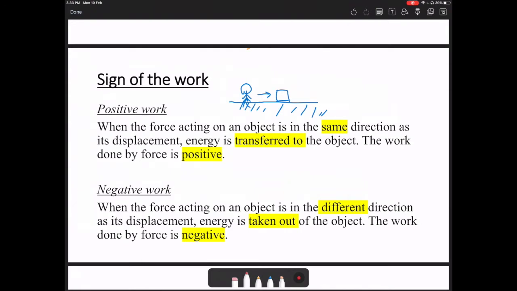So that means I have transferred my energy to the box. So in this case, we say the work done by my force is positive, and the energy is transferred to the object, which is the box. So this is positive work.